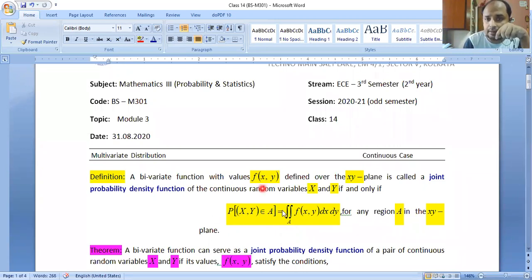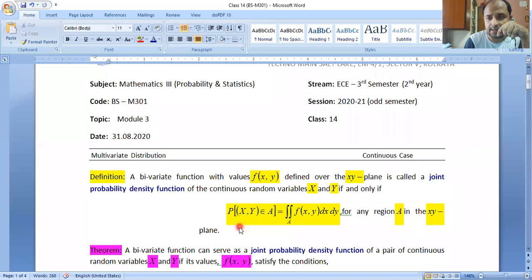Remember one thing before I start today's session: this chapter, which gives you the idea of the bivariate probability density function or joint probability density function, is just a generalization of univariate variables.